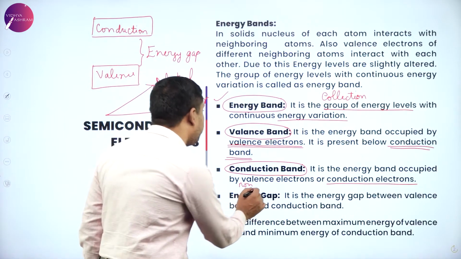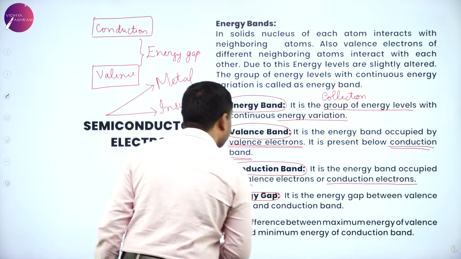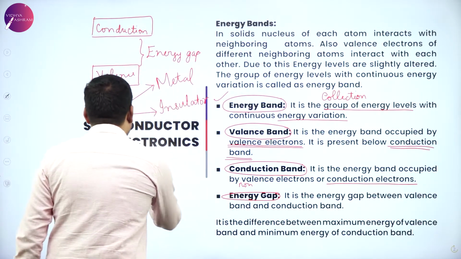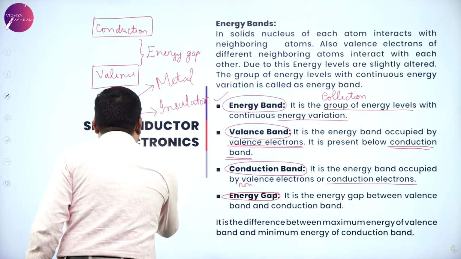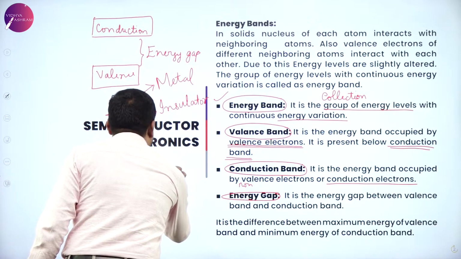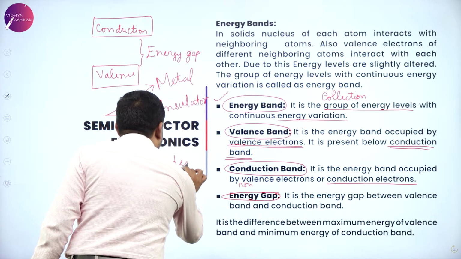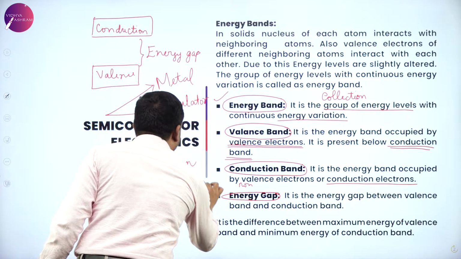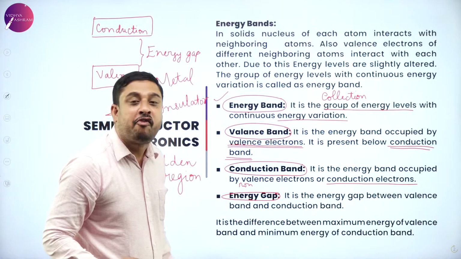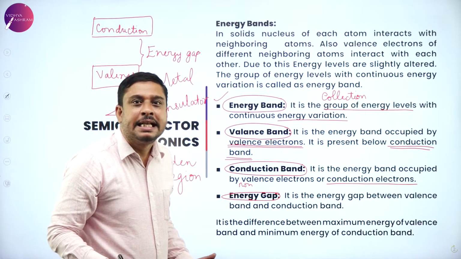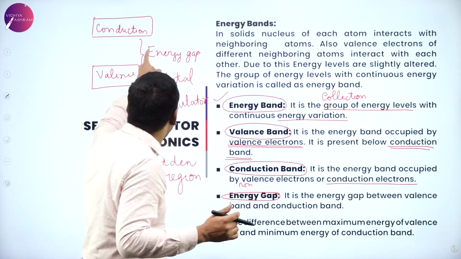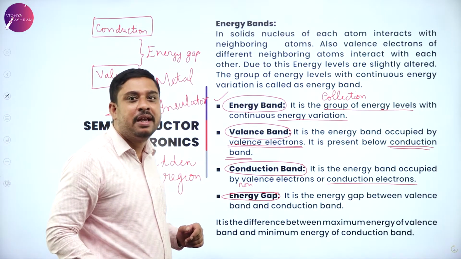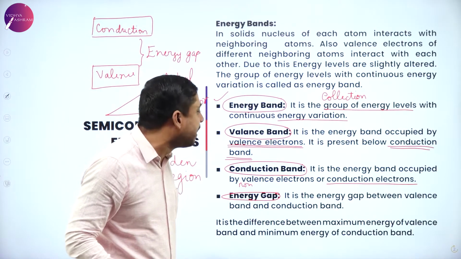And most importantly, energy gap. It's a very beautiful word where the energy gap is called forbidden region. Forbidden. The electrons are not supposed to enter the energy gap. It is a forbidden region.